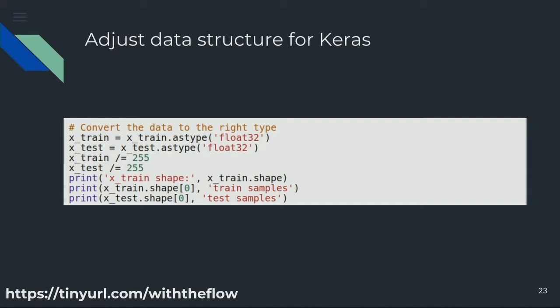Then, because this data is in fact compressed, we need to change the data type to float32. This is a really common issue for anyone loading in their own data for the first time and then wondering why nothing is working.